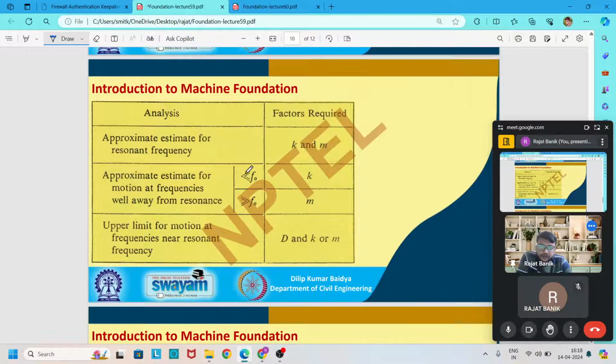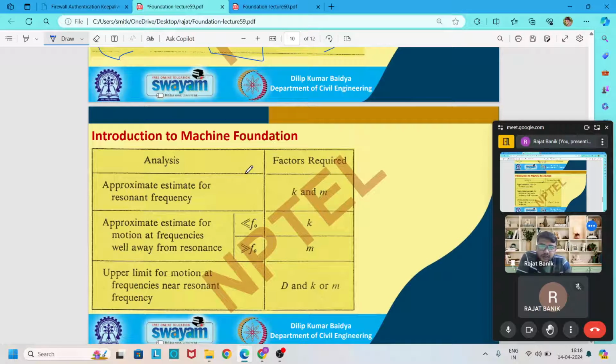Then there are different types of analysis, and for different types of analysis, what are the factors required? For the approximate estimate of resonant frequency, the main factors are K and M, because with the help of K and M we find our natural frequency.